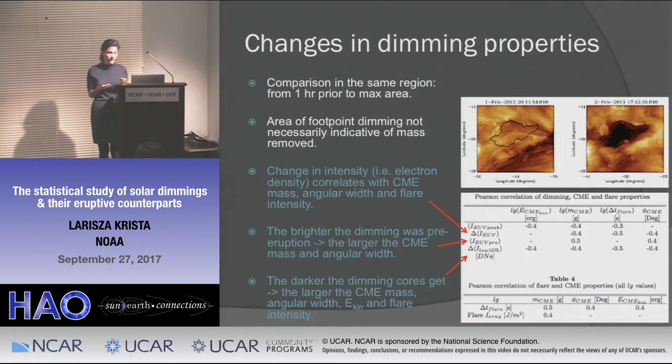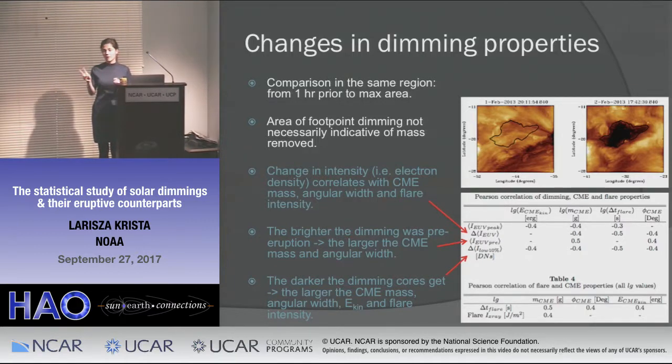And mind you, I do take note of halo events, but you will only see them really well, or you will have better mass calculations, if they're deflected for some reason or they're going sideways. So that is definitely a tricky situation, and that's why quadrature is so important to repeat this study. But a lot of the time, I think it might be an observational reason why the dimmings don't have associated CMEs.